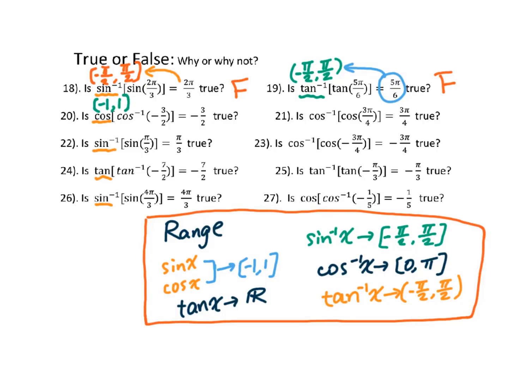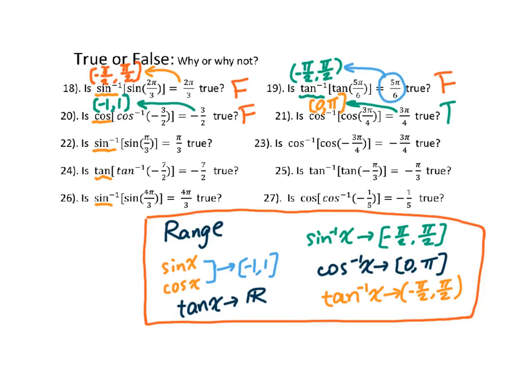Negative 3 over 2 is not in this range. So, false again. For number 21, inverse cosine range will be from 0 to pi. 3 pi over 4, let's go to second quadrant. Yeah, this is true, which means 3 pi over 4 is in this range.